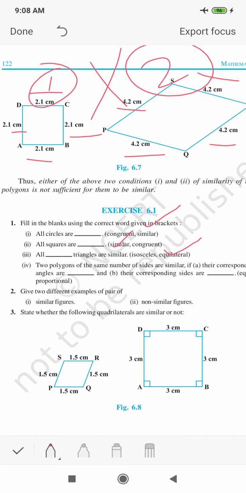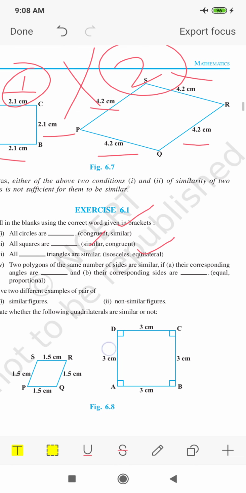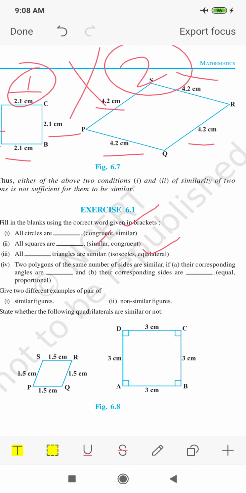Now here is the definition. What is the definition? The two polygons of the same number of sides are similar if their corresponding angles are equal, and their corresponding sides are proportional, or we can say in the same ratio.